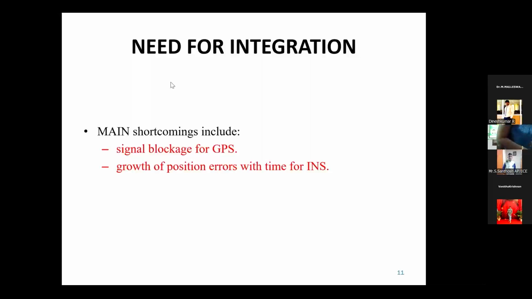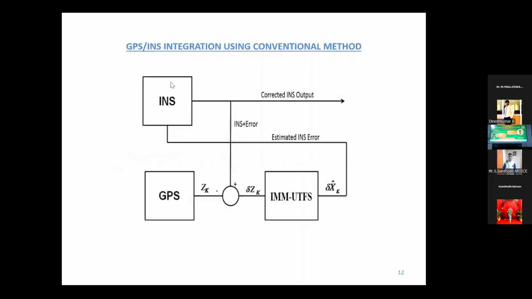So in order to remove these main shortcomings in the two navigation systems, we can go for an integrated navigation system where we have GPS and INS. It can be integrated with the concept called a Kalman filter. Okay, so this is the block diagram where I can use my GPS system as well as INS system, with the help of my navigation filter like a Kalman filter.